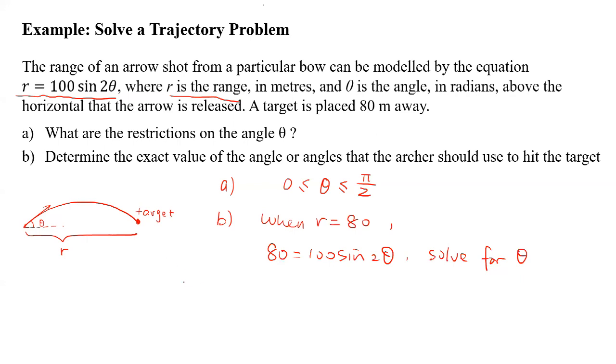Okay, so this is equivalent to sine 2 theta equals 4/5. And remember that theta is within this interval.